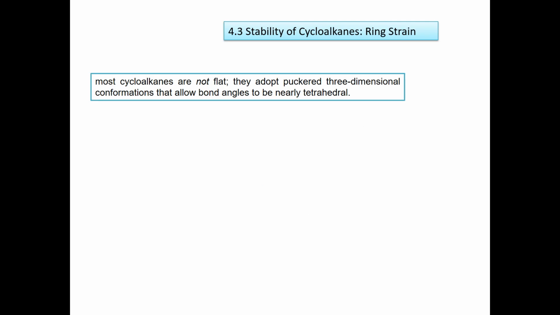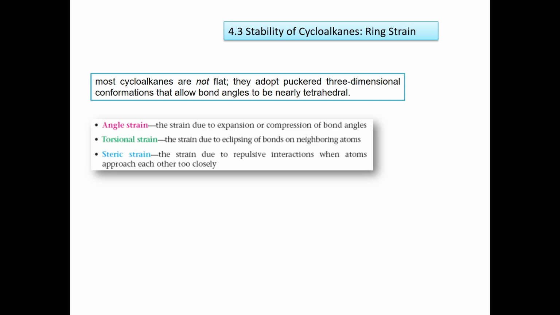Most cycloalkanes are not flat. This is the problem. They adopt puckered three-dimensional conformations that allow bond angles to be nearly tetrahedral. This happens with big rings. Okay, we can define angle strain, the strain due to expansion or compression of bond angles.